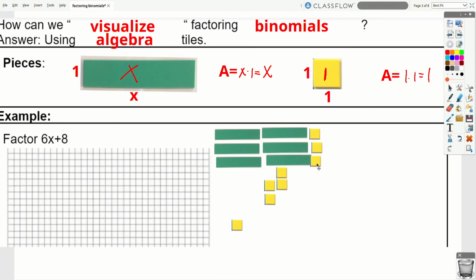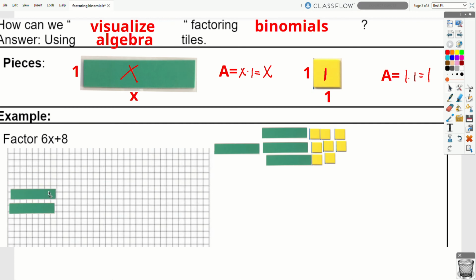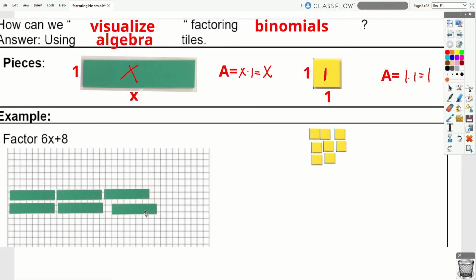We'll continue the rectangle out this way. But then when we get this one, it does not complete a rectangle. So we have to keep trying until we find something that does. Eventually we will notice that the rectangle comes out like so, and each of these pieces will be at the end like this.